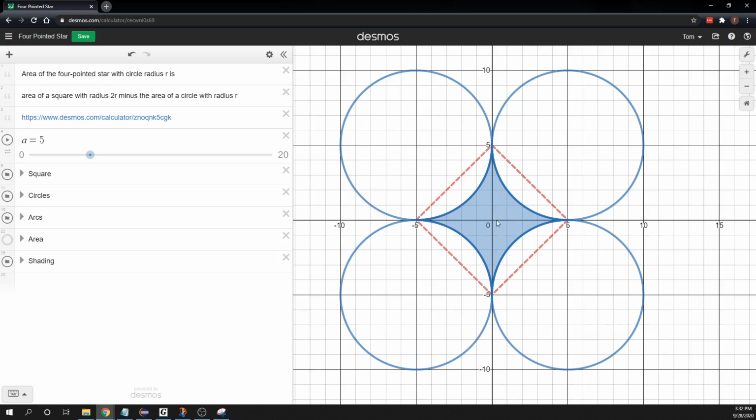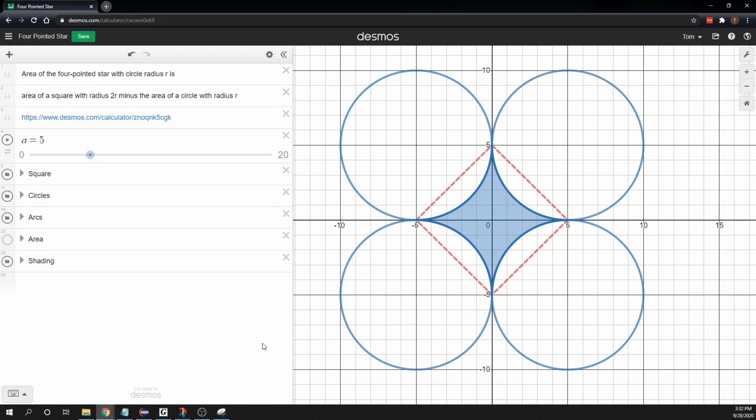To find the area of this four-pointed star, basically I find the area of a square and then I subtract the area of one of these circles. Now that might seem slightly sketchy to you, and one of the confusing things about this is it's not this square that they're talking about.